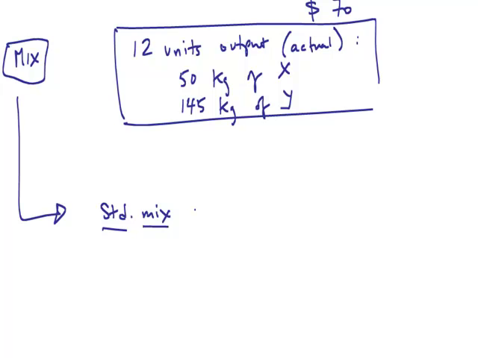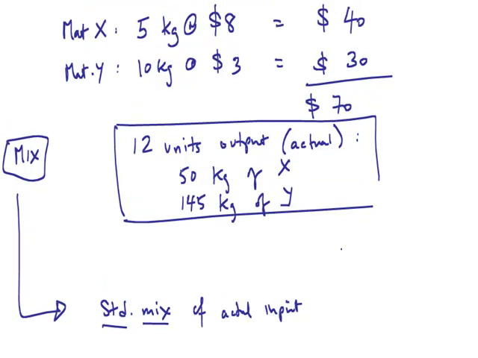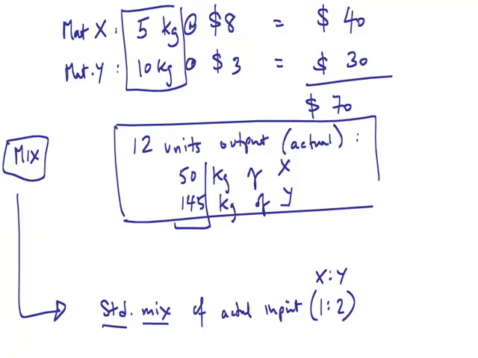It should have been a ratio of 1 to 2, X to Y. For every kilogram of X, we would have expected 2 kilograms of Y. And this standard mix we would apply to the total kilograms used in producing 12 units of output.